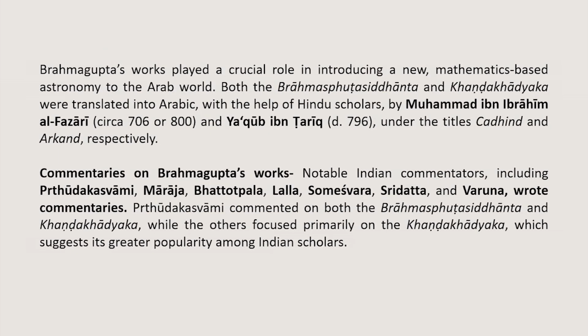Brahmagupta's works played a crucial role in introducing a new mathematics-based astronomy to the Arab world as well. Both the Brahmasphuta Siddhanta and Khandakadya were translated into Arabic with the help of Hindu scholars by Muhammad bin Ibrahim al-Farazi circa 706 or 800 CE and Yaqub ibn Tariq 796 CE under the titles Kadhind and Arkand respectively.